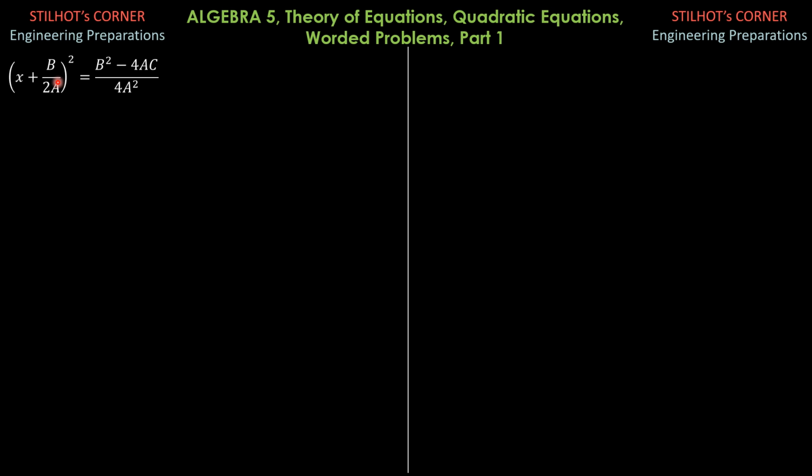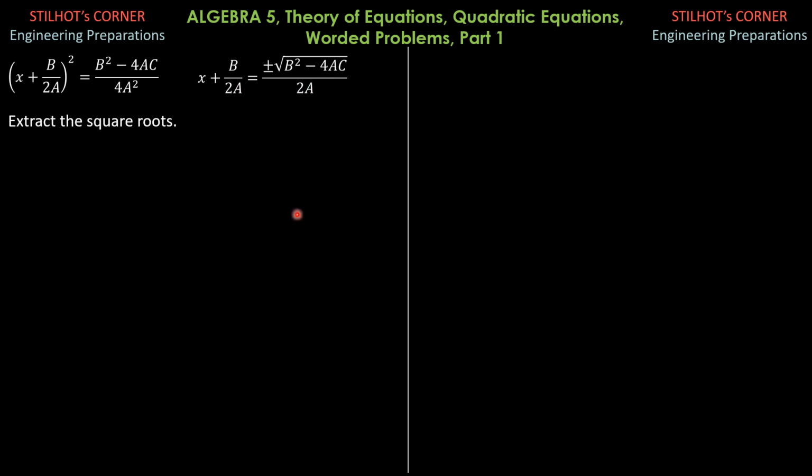Then we extract the square root, then we have x plus b over 2a equals plus minus square root of b squared minus 4ac over 2a. So plus minus square root of quantity b squared minus 4ac all over 2a. We now have the quadratic formula, which is, after we transpose this to the right, negative b plus minus square root of b squared minus 4ac all over 2a, because 2a is common.